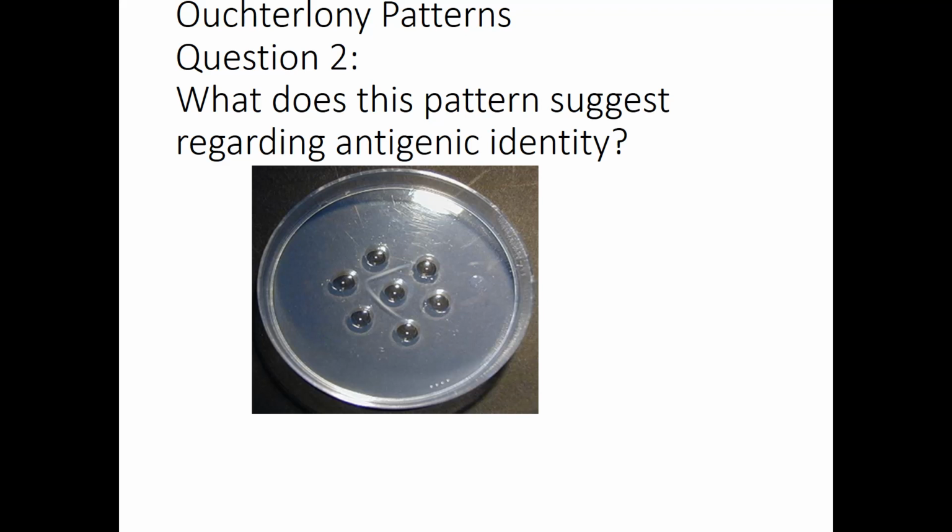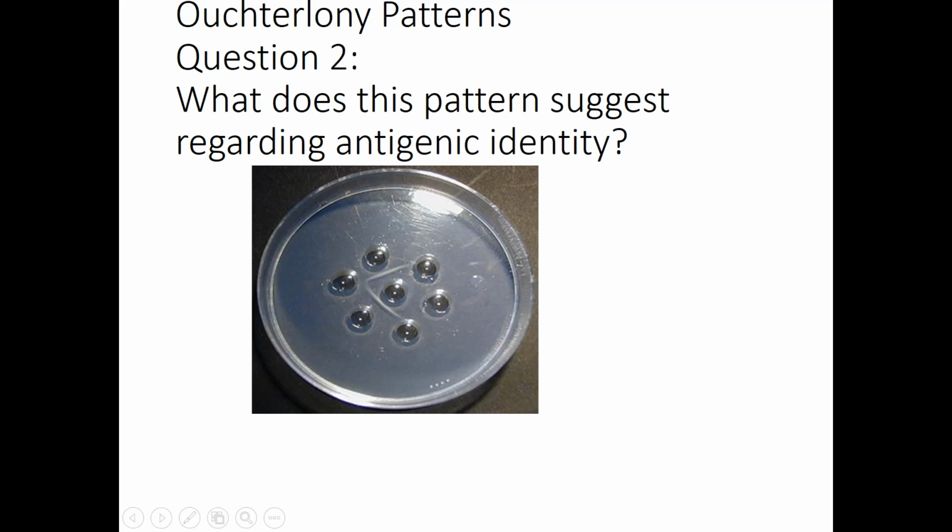So, question 2 for our homework. If you remember, we had question 0, question 1. This is question 2. What does this pattern of Ouchterlony tell us about this? So in this case, this is our antibody, and they actually have 3 wells here. We have a well here and a well here.